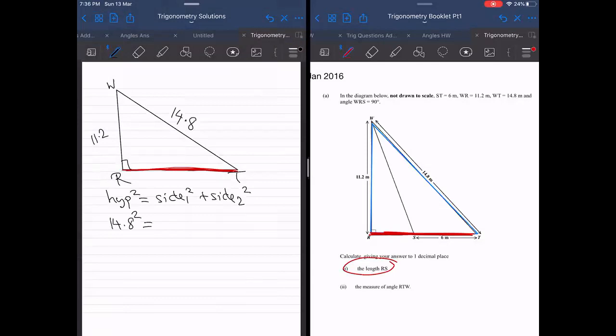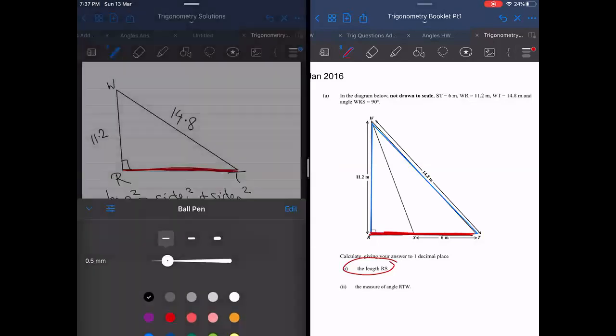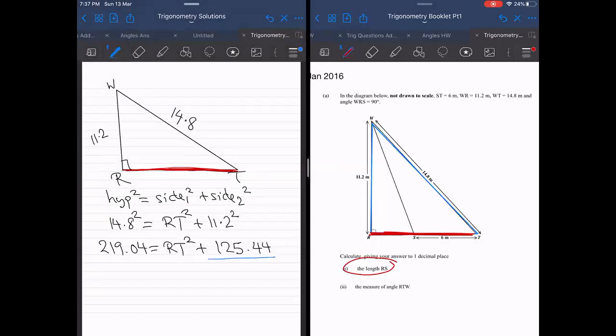So 14.8 squared is equal to RT squared plus 11.2 squared. 14.8 squared is 219.04, and 11.2 squared is 125.44. So this, which is added, when we take it across, we will subtract.